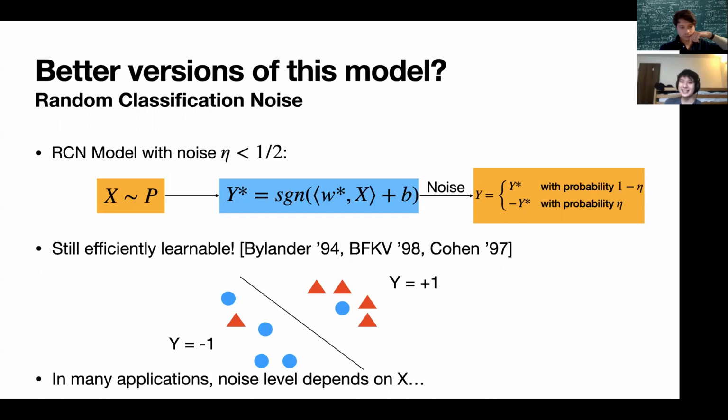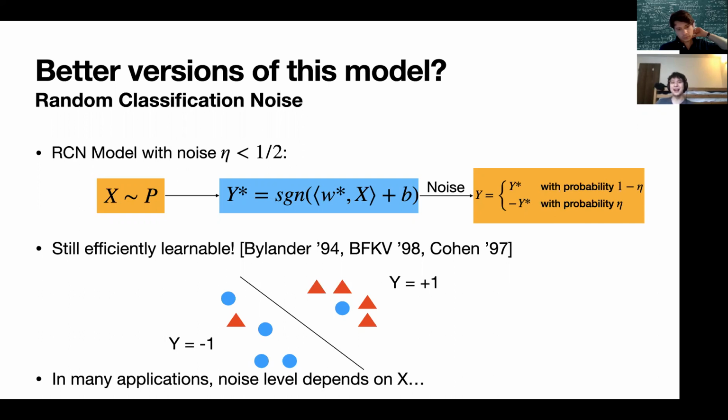And so you can imagine, compared to before, the picture of what the data looks like is kind of like this. On one side there's mostly the triangles, on the other side there's mostly the circles, and on each side we have around the same fraction of incorrectly labeled points, because eta is a universal constant through the entire model.